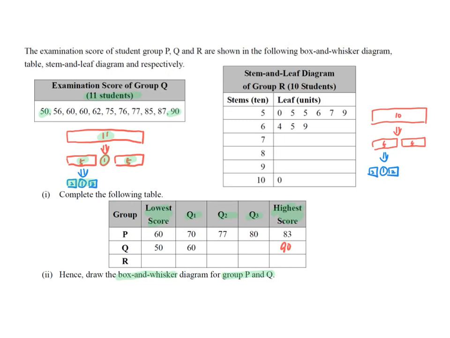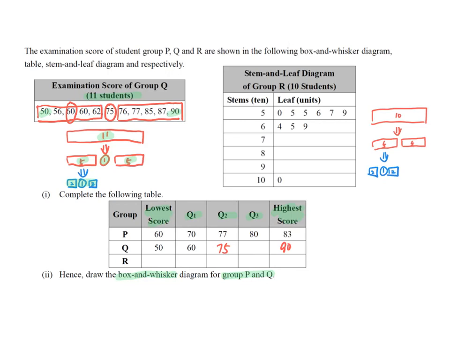So 11 data, the one right in the middle is our median, which is our Q2. We can drop it down here. We got 75. And then the first half as well as the second half. For the first half, we try to find the one in the middle such that we can divide into 2 equal parts.